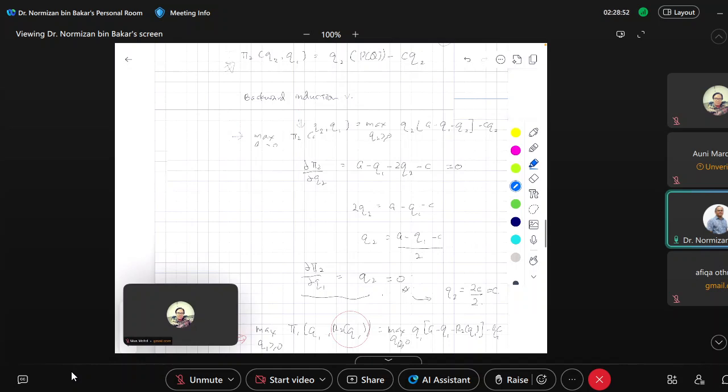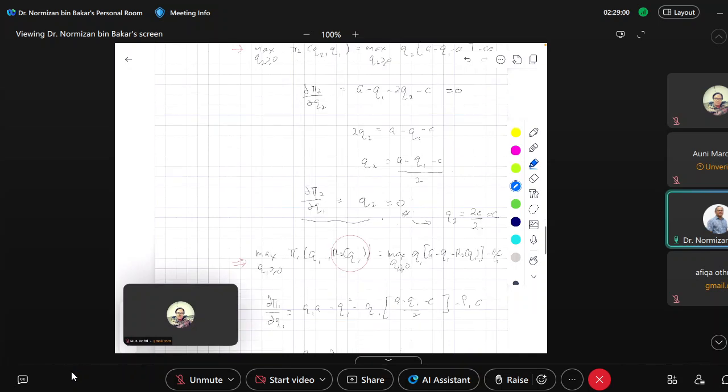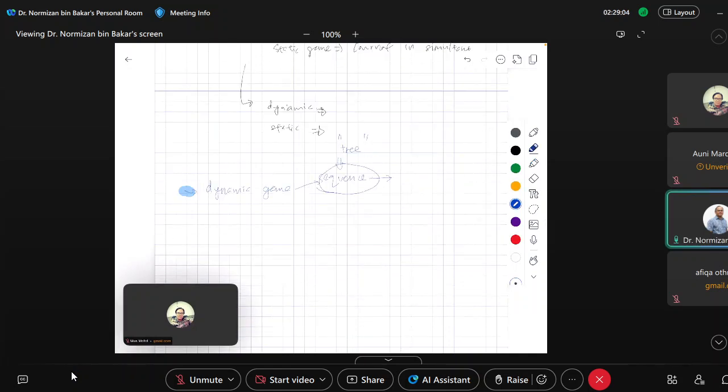But this is not important to us. What is important is that the game is in sequence: there is a player that acts first, a second player that acts in the second stage, a third player in the third stage, and so on. Or you may say that there are stages.